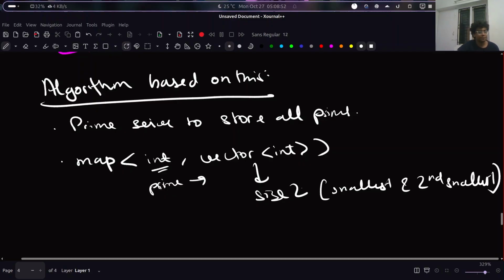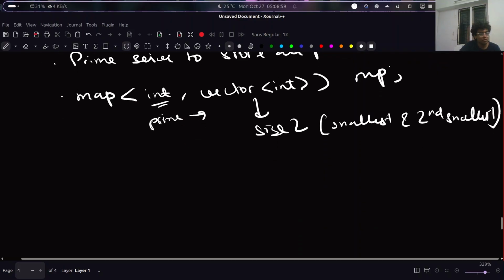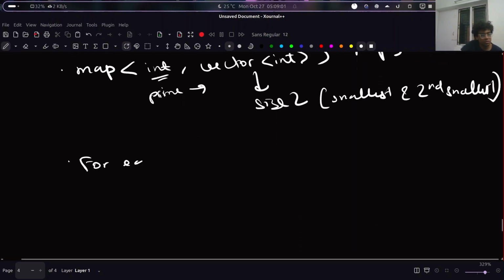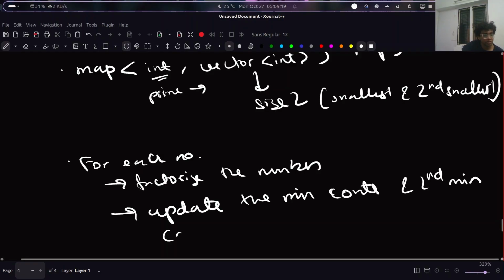Cool. And every time I get a new count for my prime, for each number, factorize the number, and update the minimum counts and second minimum counts of each prime.